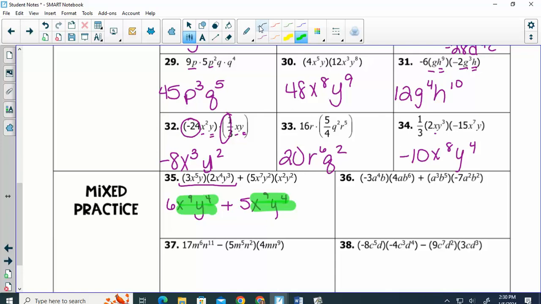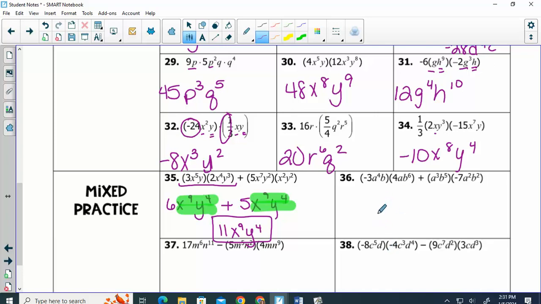So what does that mean? They're like terms, we can add them together. When we add, remember we add the numbers, so 6 plus 5 is 11, but the variable part does not change. So it's 11x to the 9th, y to the 4th.